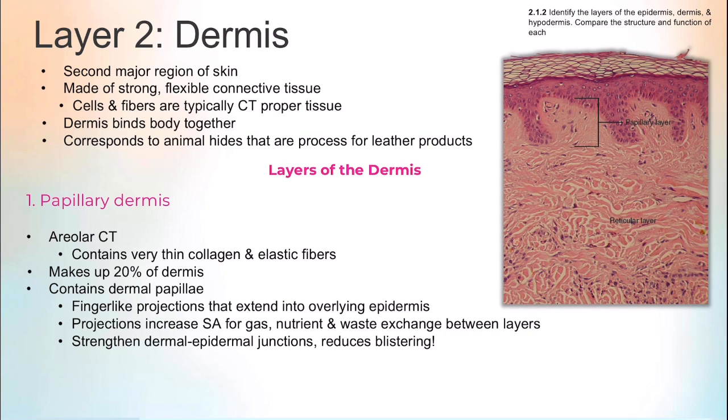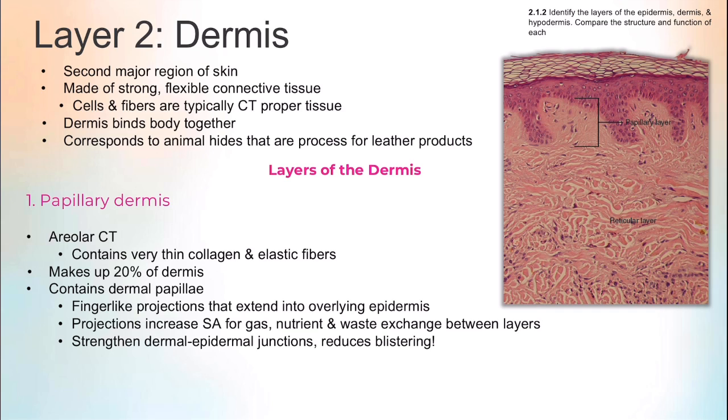So this is going to be our area with flexible connective tissue. So we have lots of connective proper tissue that's going to exist here. We will see that our dermis is going to hold our epidermis and the rest of our body together.